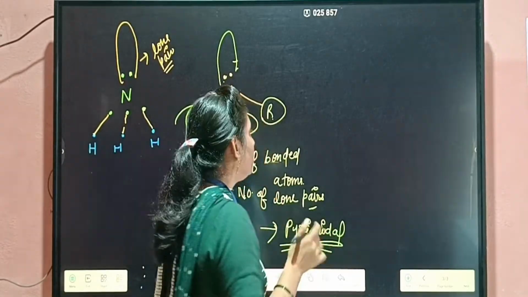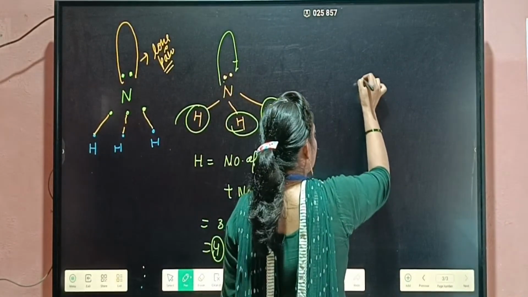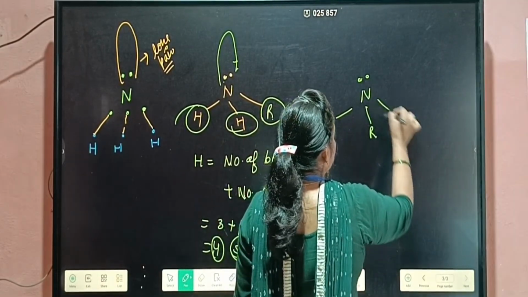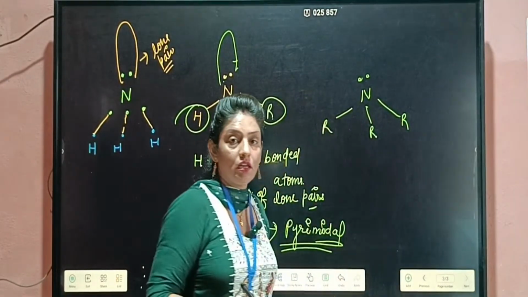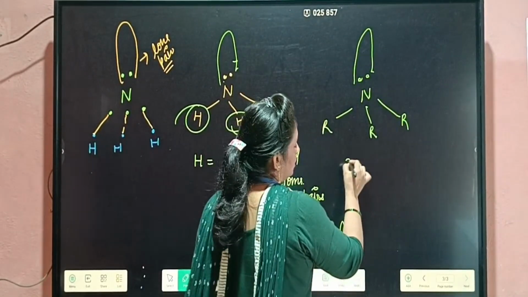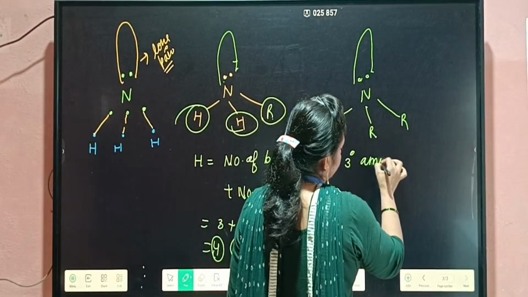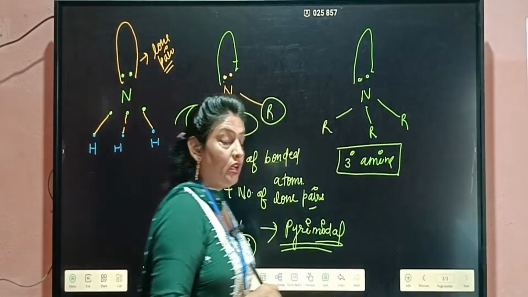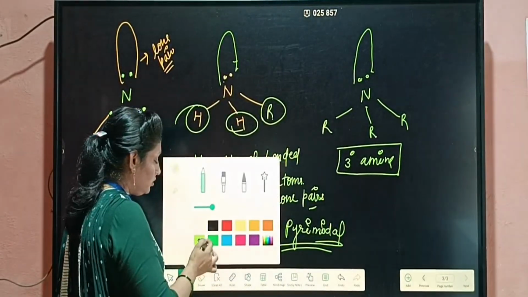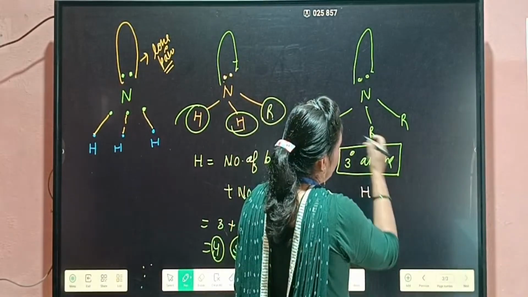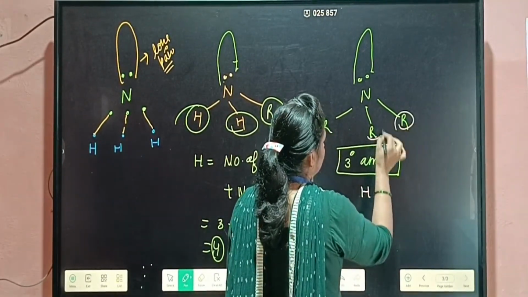If I talk about the tertiary amine, R3N, so here this is a tertiary amine. So students, here also other things are the same. Bonded atoms 1, 2, 3.